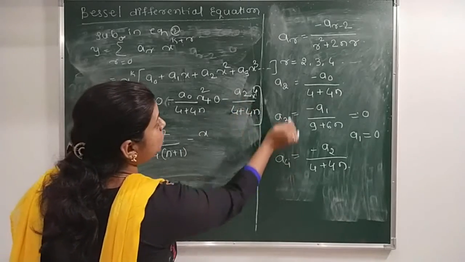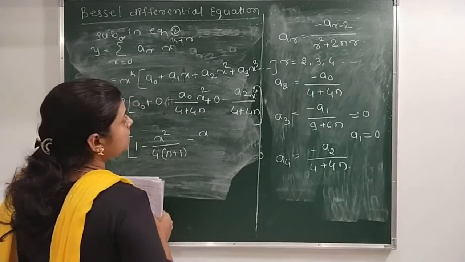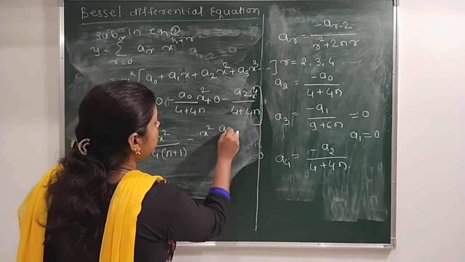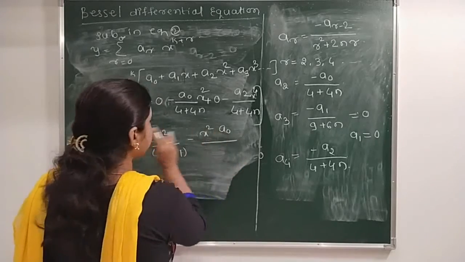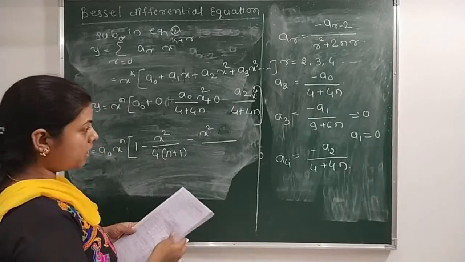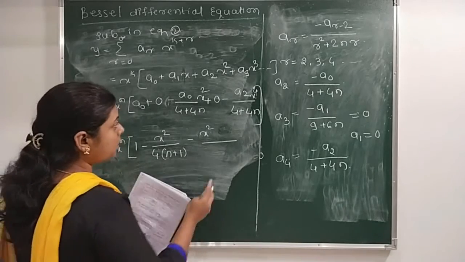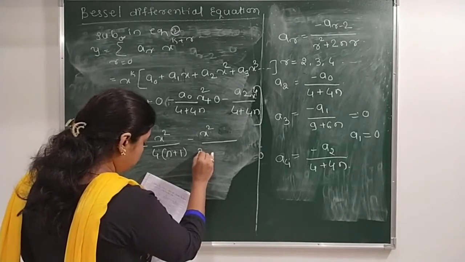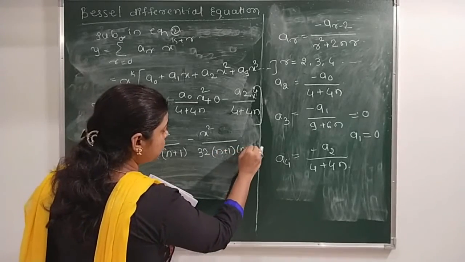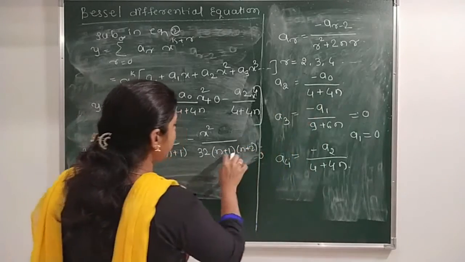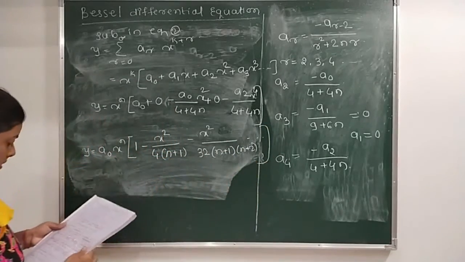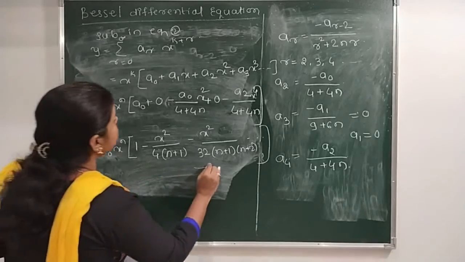A2 again we have to replace with this term, that is a0, I have taken a common, then 4 plus 4n divided by 4 plus 4n, that we have to write as 32 into n plus 1 into n plus 2. By simplifying these two you get the term.